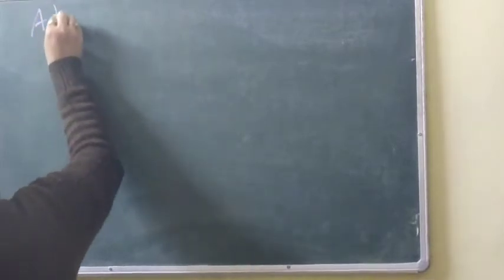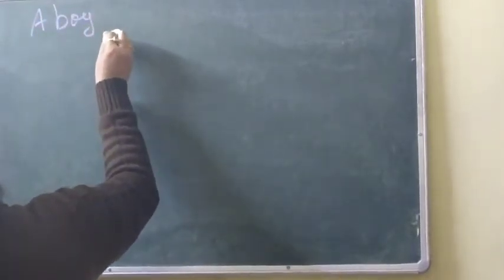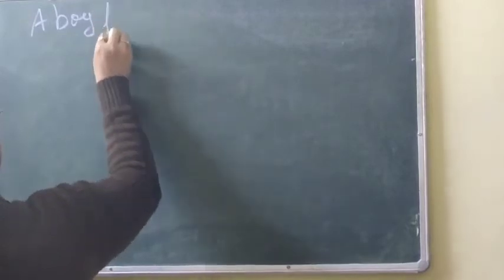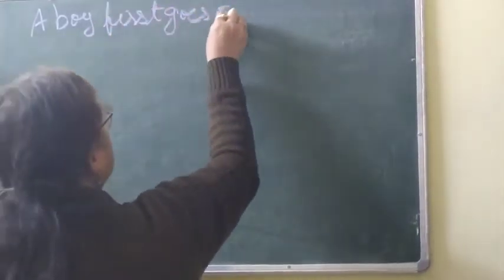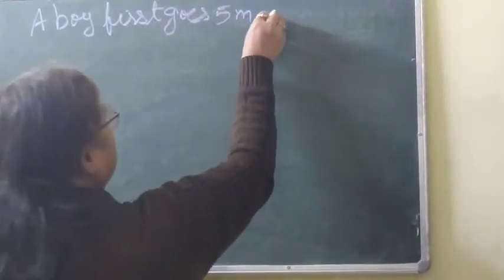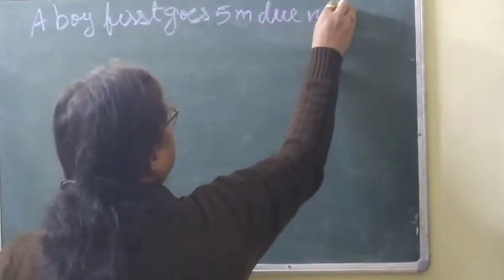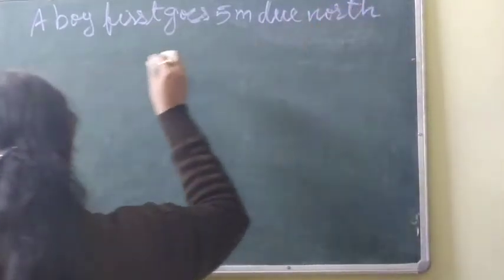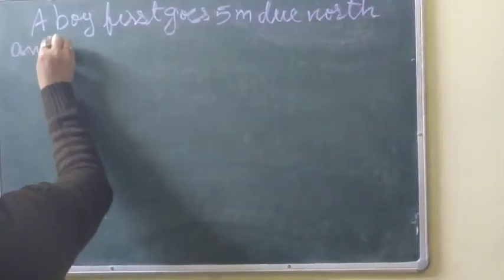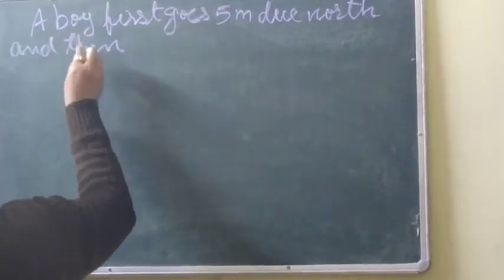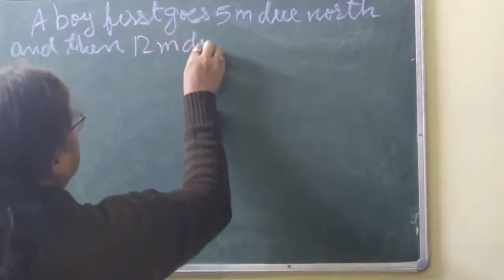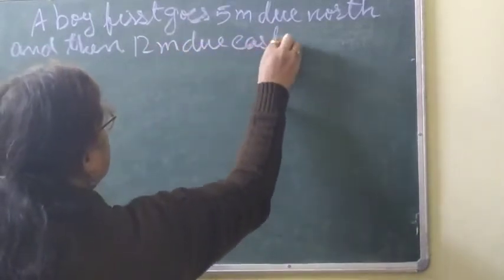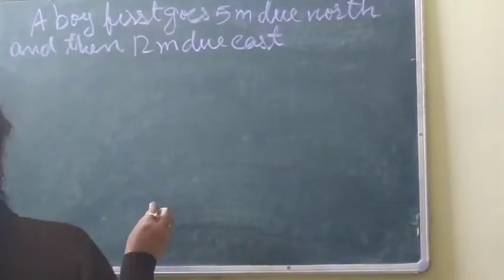Now, the next question is: a boy first goes 5 meters due north, and then 12 meters due east.